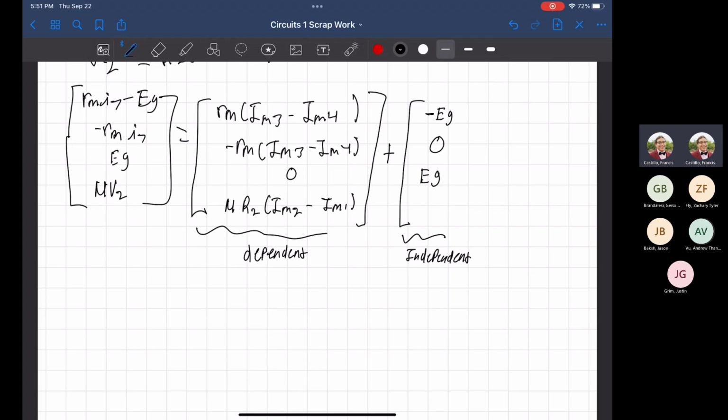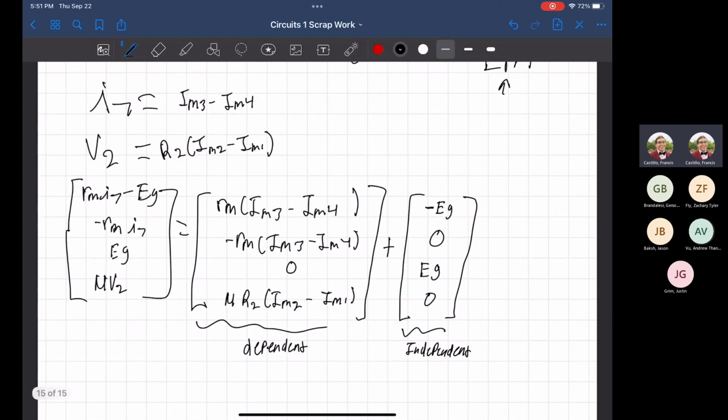And then in mesh 4, there was no independent source, so we say that's a 0 here. So all we really did was figure out a way to substitute I7 and V2 into our mesh values that we're working with, and separated out the dependent from the independent sources. And that's what we did here.